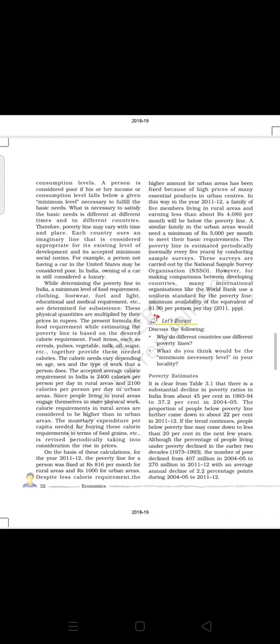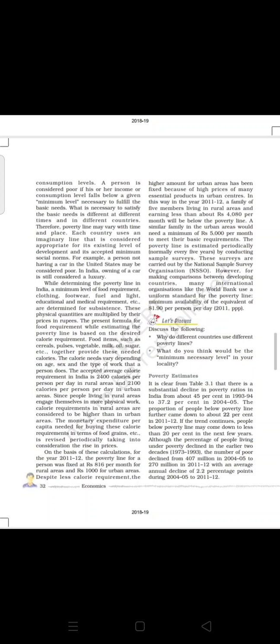Despite less calorie requirement, the higher amount for urban areas has been fixed because of high prices of many essential products in urban centers.